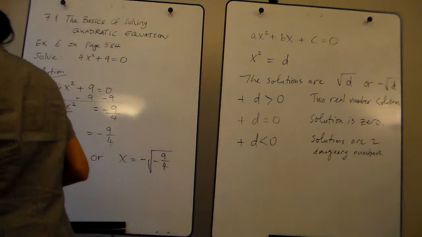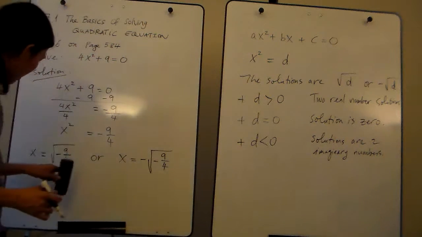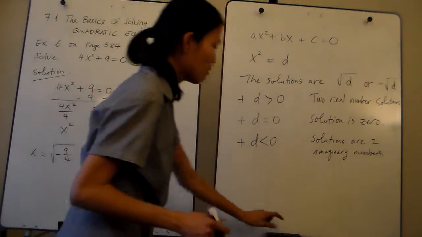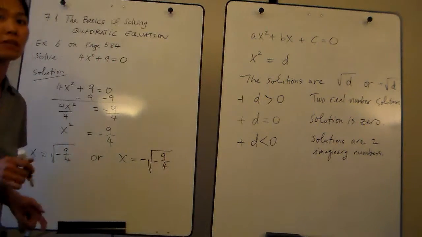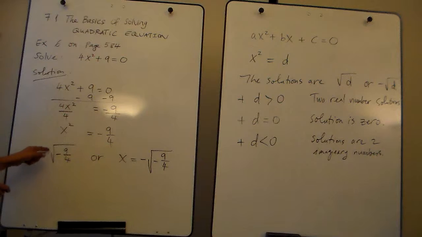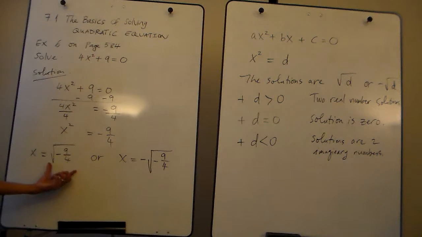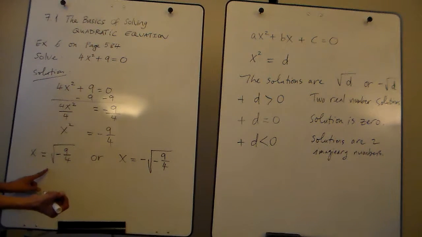Now let's simplify. We covered imaginary numbers and complex numbers last time. Remember, every time you see a square root of a negative value, you're never going to have a real number solution, because the square root of a negative number does not exist as a real number.